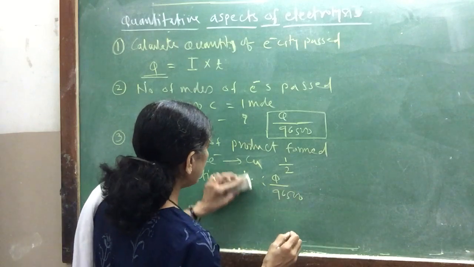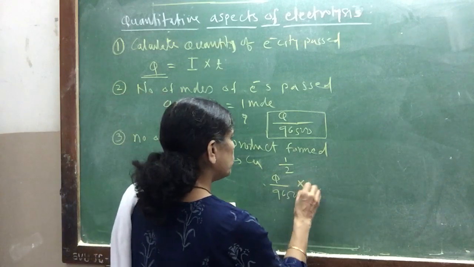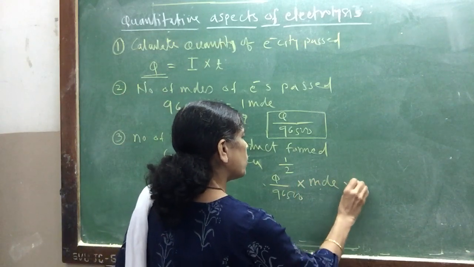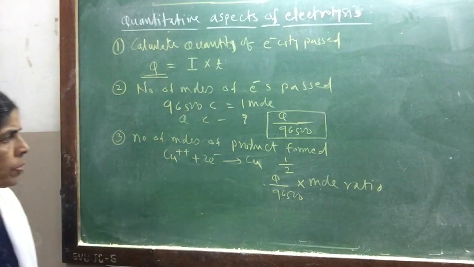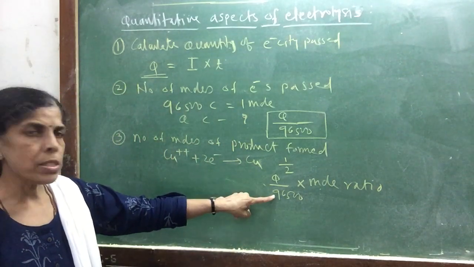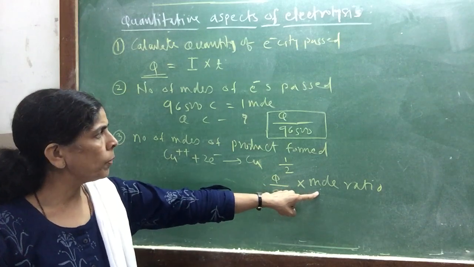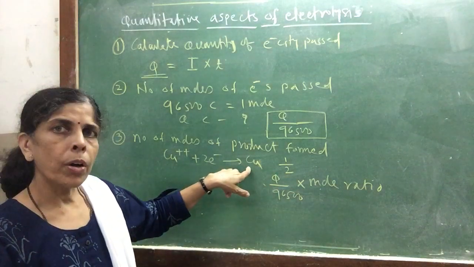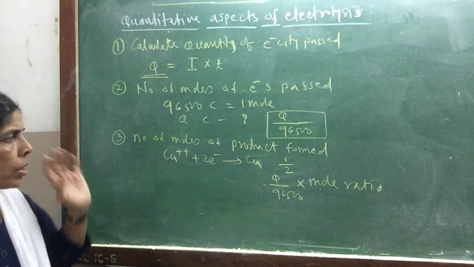In general we can write Q upon 96500, that is the number of moles of electrons passed, into mole ratio. This is the third step.